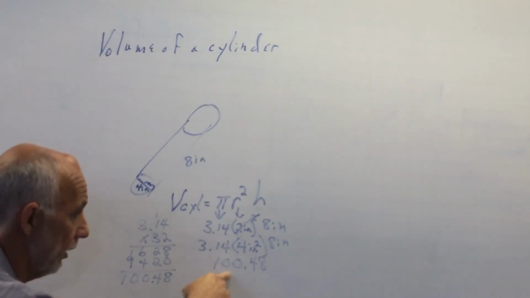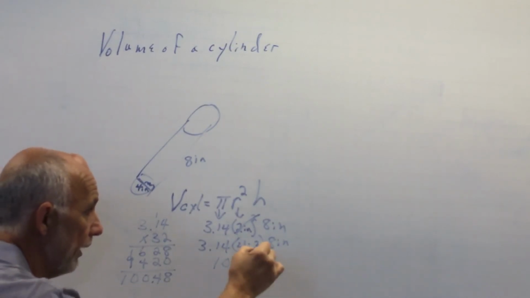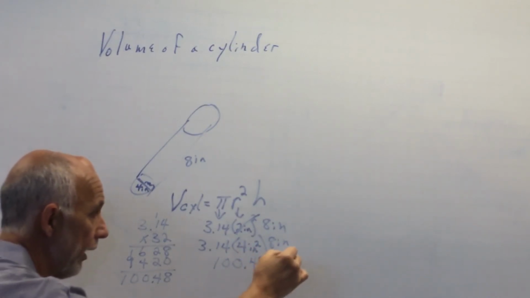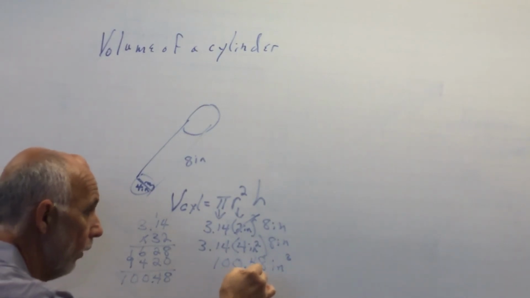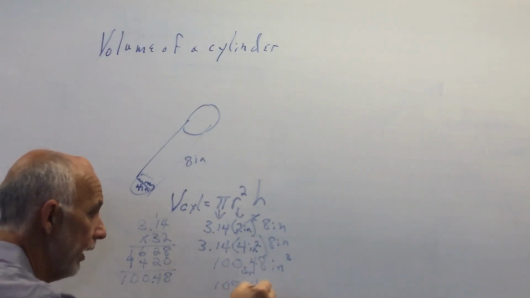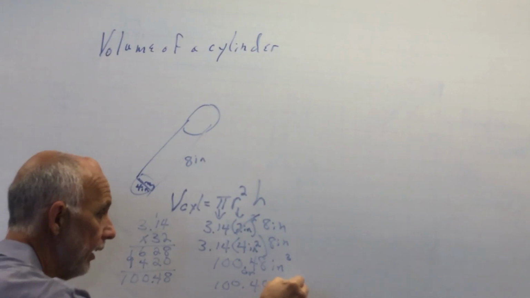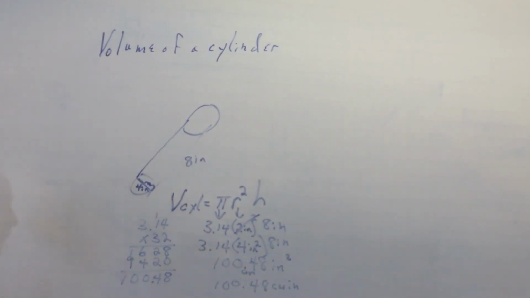And that's your answer, 100.48, but not inches squared, inches cubed, or 100.48 cubic inches. So basically, to find the volume of any cylinder or prism or cube, you find the area of the bottom, how much it takes to fill in the bottom, and multiply it times how high you go.